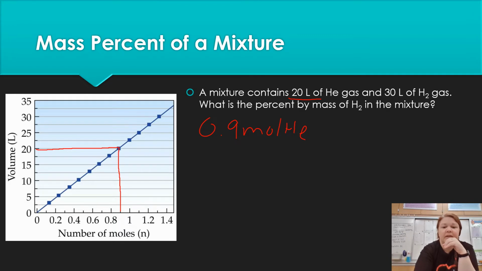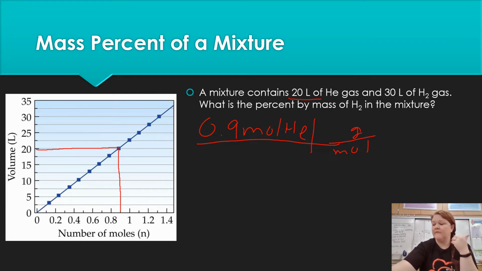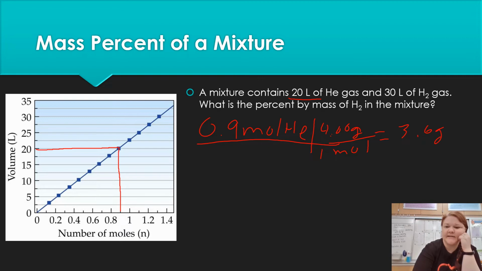Okay, and we can go ahead and convert that from moles into grams using its molar mass. So helium has a mass of 4.00 on our periodic table. It's just 4 grams per mole. So we've got 0.9 times 4 gives us 3.6 grams of helium. So that's one of our chemicals.